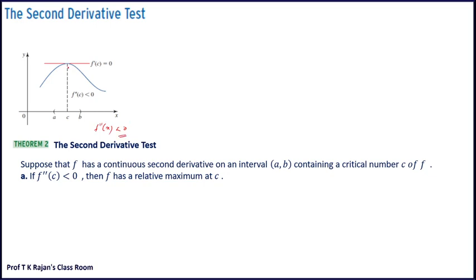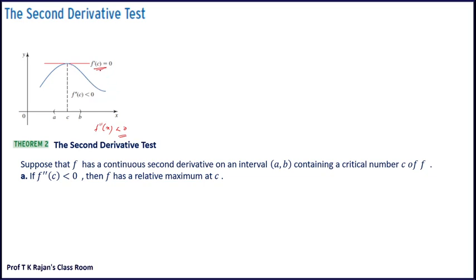So at the point c, f''(c) will be negative. So if x = c is a local maximum point, a relative maximum point, there f'(c) will be 0 and f''(c) will be less than 0. This is how we identify whether the point is a local maximum or not.